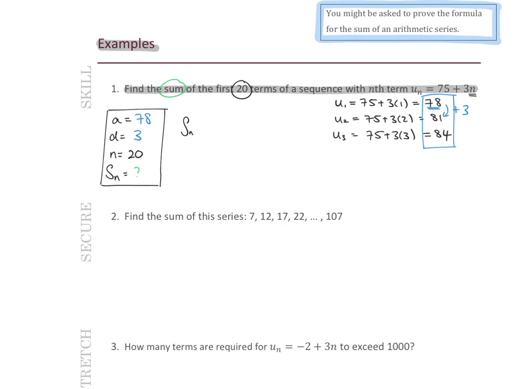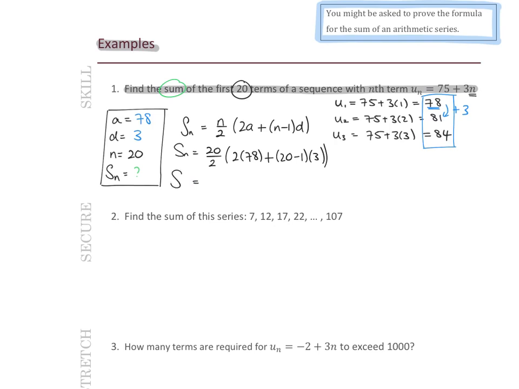So Sn equals, this is my formula. And all I'm going to do is I'm going to sub in the information I have. So N is 20, A is 78, and D is 3.